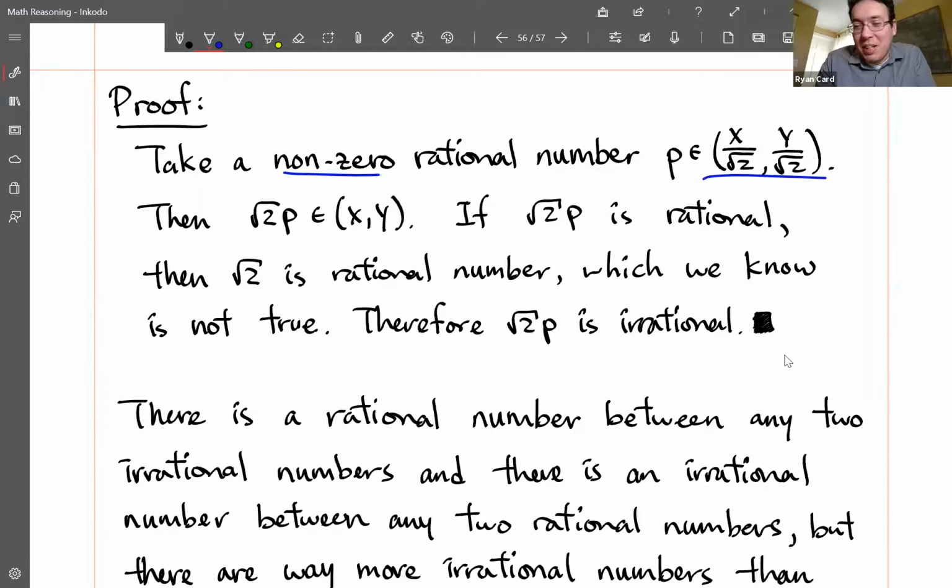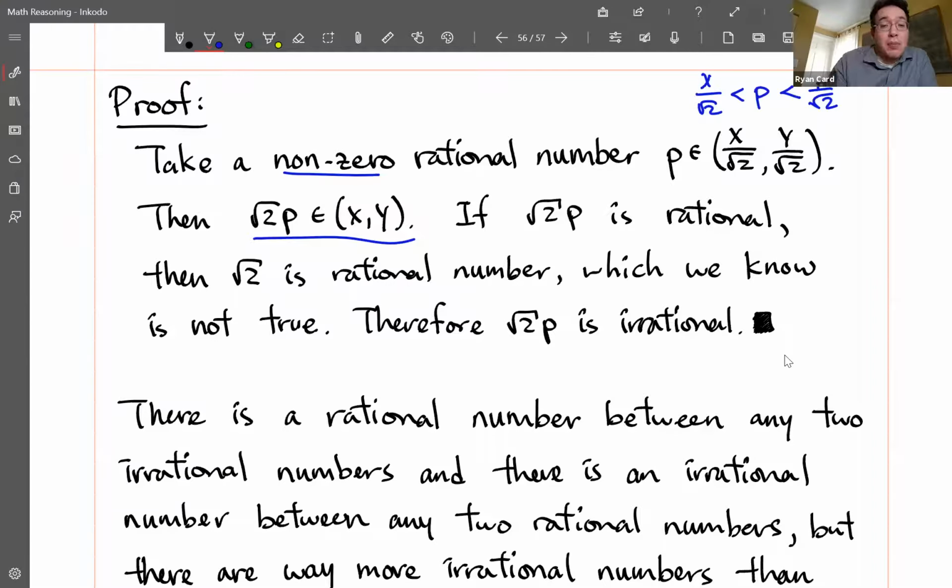Let's pick a non-zero rational number. Then this is equivalent to saying x over root 2 is less than p, which is a rational number, which is less than y over root 2. If you multiply all three sides by root 2, that's equivalent to saying root 2 times p is between x and y. And this is going to be our candidate for that irrational number.